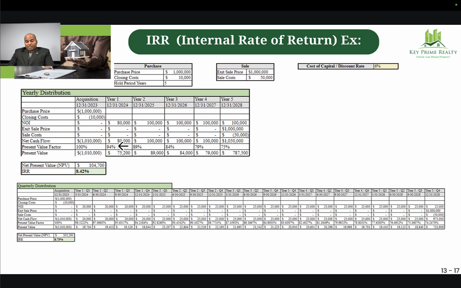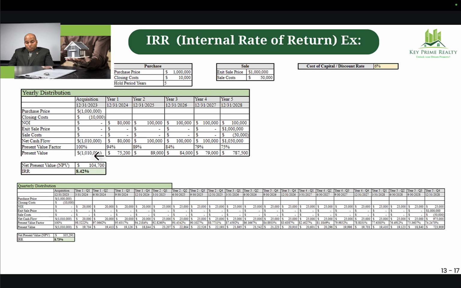Your 80,000 that you received at the end of year one has lower value now. The present value of 80,000 at the end of year one is only 75,200. So you multiply it with your present value factor, and that's how you come up with the present value. The net present value of total return is 104,700.